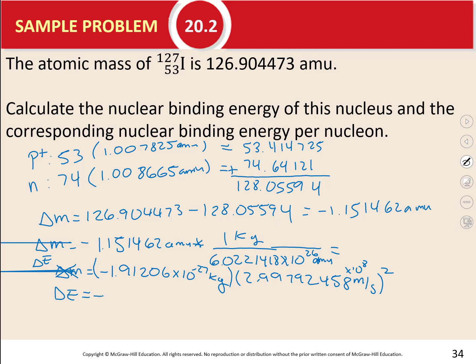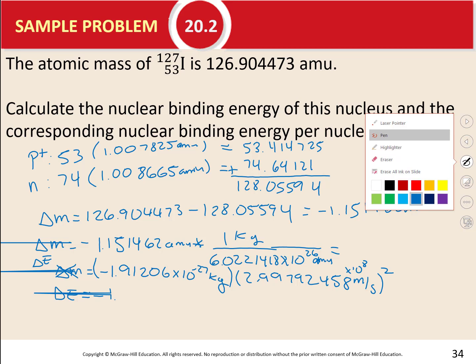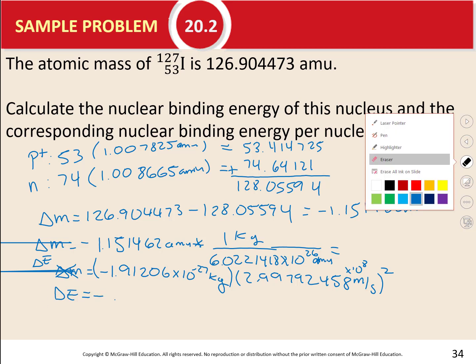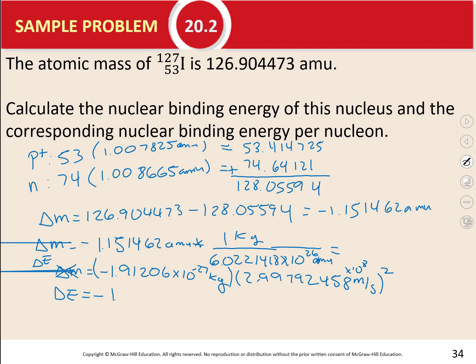And we get a binding energy of negative 1.0.71847 times 10 to the 10. And this is now in joules.